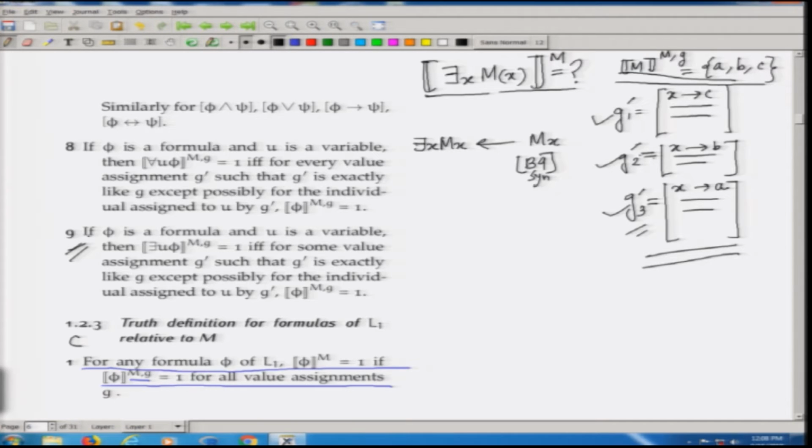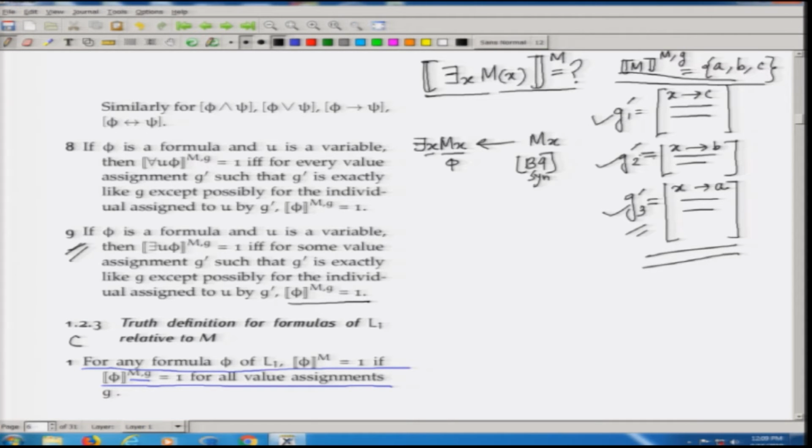If phi is a formula and u is a variable, so phi is our mx and u is our x, then the denotation of some u phi with respect to M and g is 1 if and only if for some value assignment g prime such that and so on, you know what it is. The most important point is that the denotation of phi with respect to M and g prime is 1. So we have to look for at least one value of x for which mx is true.